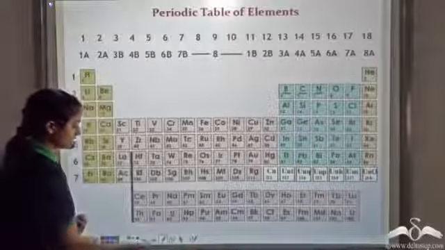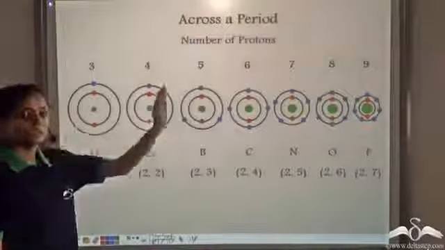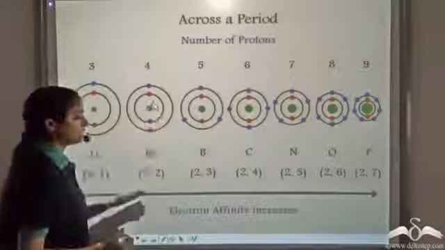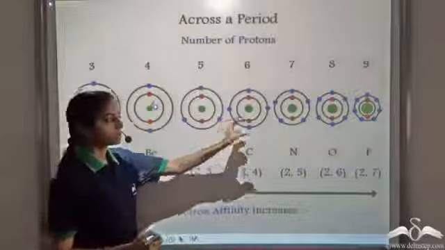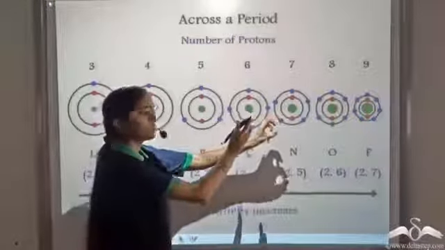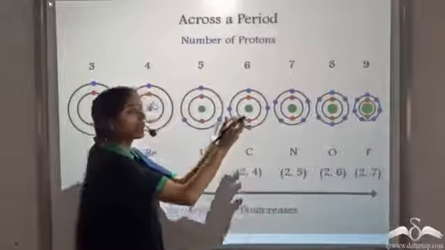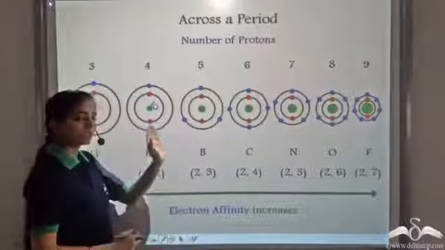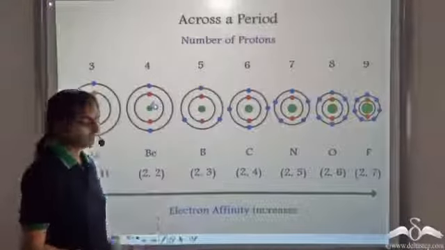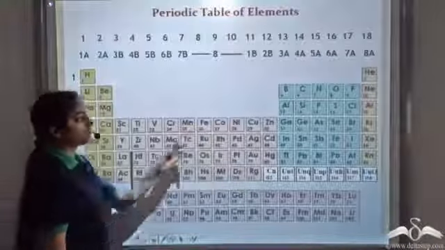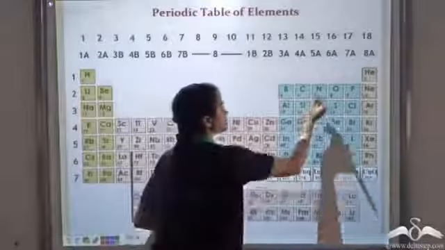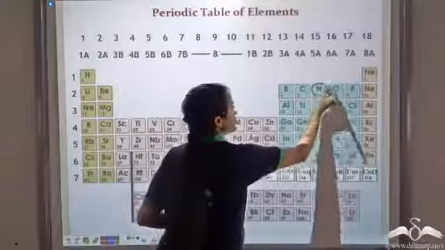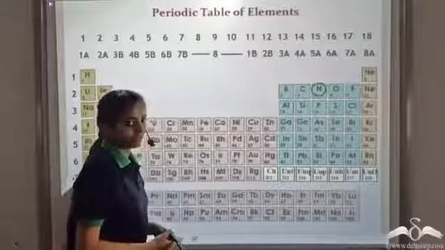We just studied that when we move from left to right in a period, the electron affinity increases because the size decreases, the nuclear pull on the electrons increases, so the affinity of electrons towards the nucleus increases. Hence, on moving from left to right in a period, the electron affinity increases. So out of boron, carbon, and nitrogen, nitrogen is the element with the greatest electron affinity.